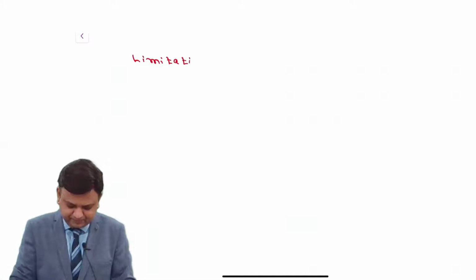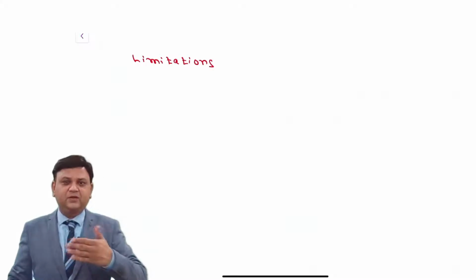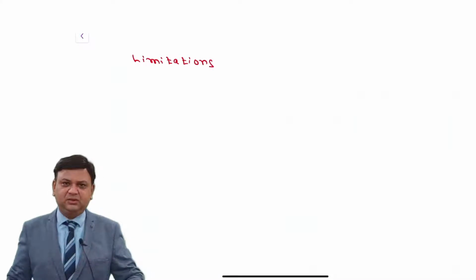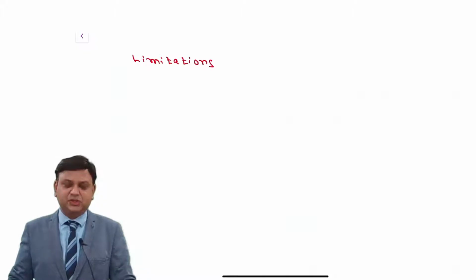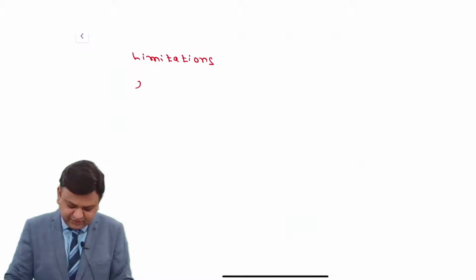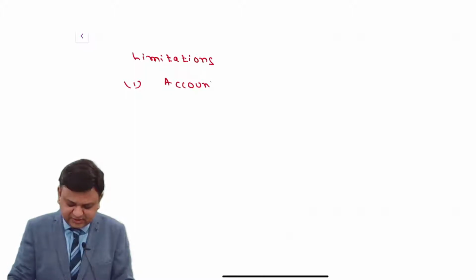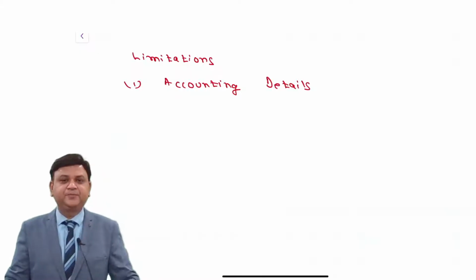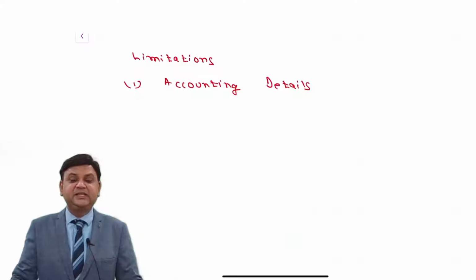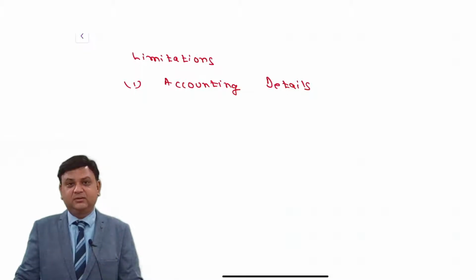So we understand that the limitations of the financial ratios are like this. First of all, we will have a small discussion before we read the answer of the institute. The first is ratios are calculated based on the accounting details, and there is a criticism for the accounting details that you can easily manipulate it.